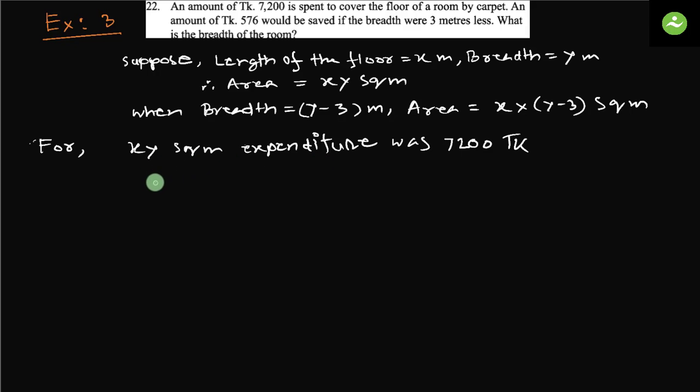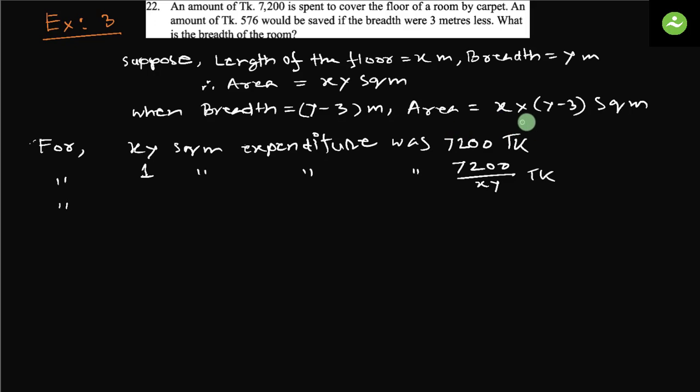We'll apply unitary method, and it is easy to find expenditure of any square meter. So 1 square meter expenditure was 7,200 divided by xy taka. We have to always write for 1 square meter.